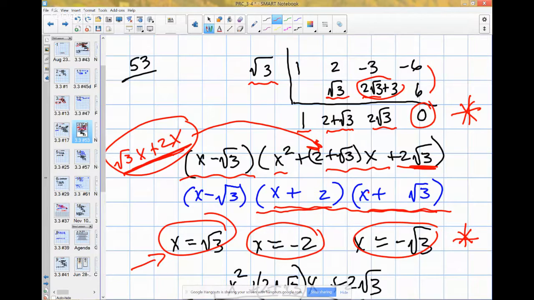By the way, do you see how this answer right here matches up nicely with what we did up here in the synthetic division? That's why I did it. But this thing over here on the left would have been just fine.